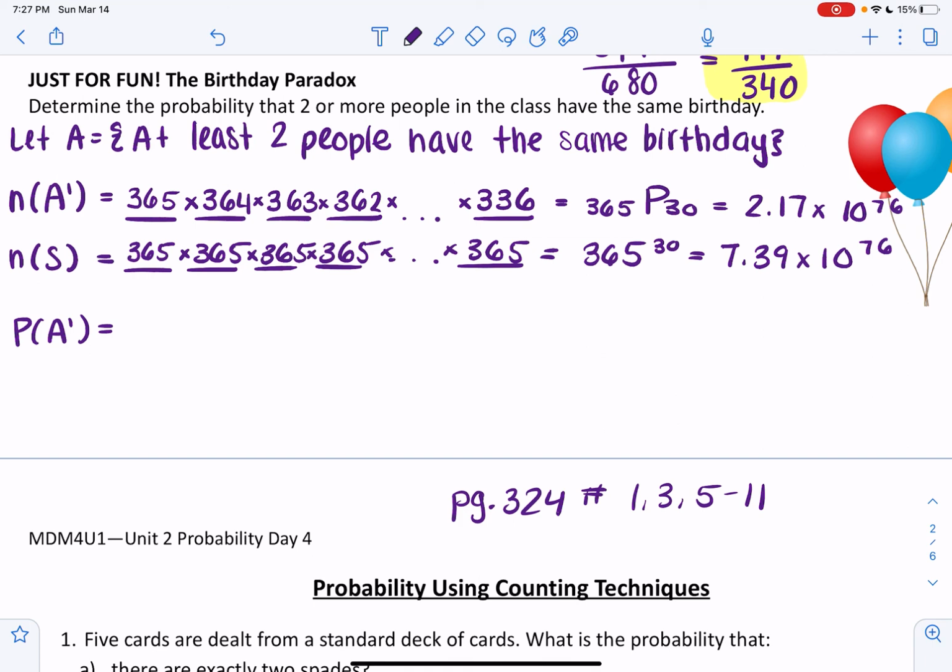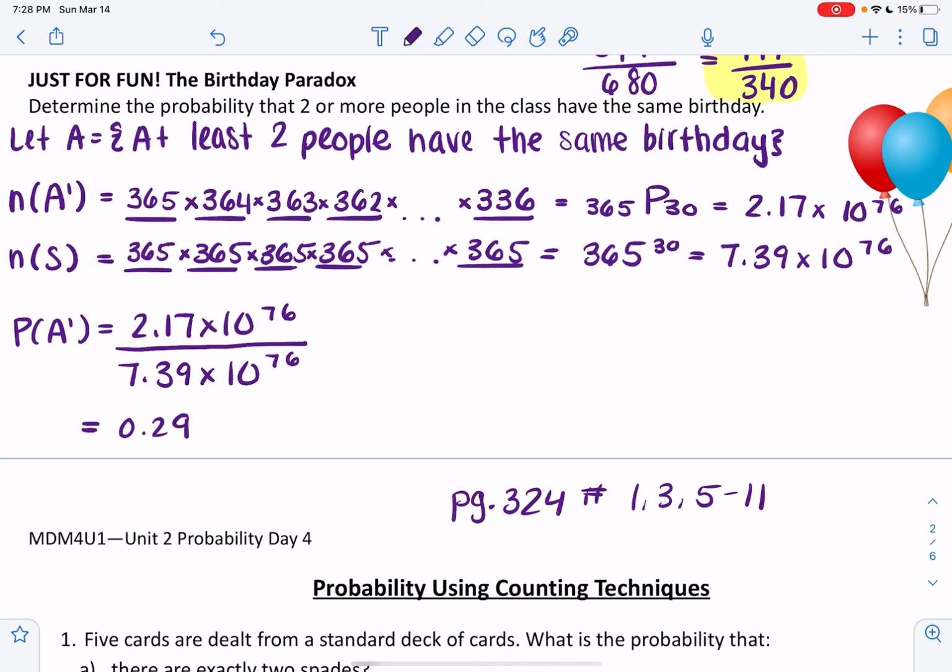Now we can find the probability of a complement. That is the number of elements in a complement, which is 2.17 times 10 to the 76, divided by the number of elements in our sample space, which is 7.39 times 10 to the 76. And that will give us 0.29. Now that's for a complement, the probability of everybody having different birthdays, but we want the probability of at least 2 people sharing the same birthday.